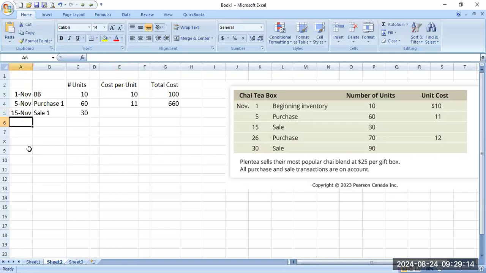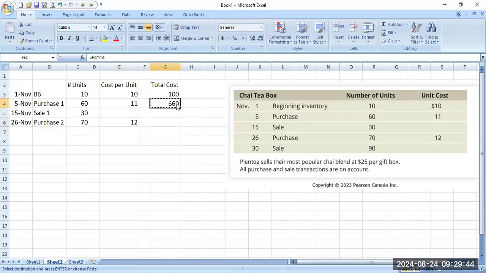Then we have another purchase, and that's on November 26. We have another purchase, number 2. On that day, we purchase 70 units, and those 70 units come with a cost of $12.